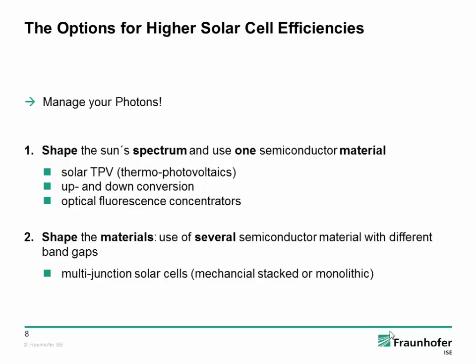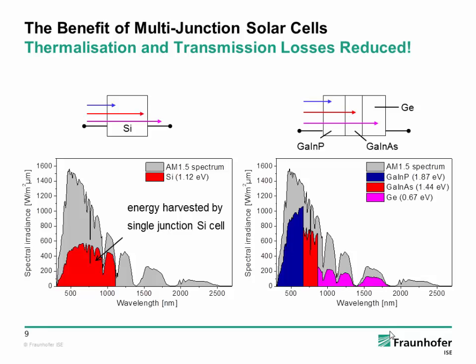And the second part, which I want to talk about, is that we shape the materials. So we don't talk anymore about one single material, but about several semiconductor materials which have different band gaps. This is commonly well known as the multi-junction solar cell approach, which you can realize in a way that you can talk about mechanically stacked or monolithically grown. So what is the benefit of that?